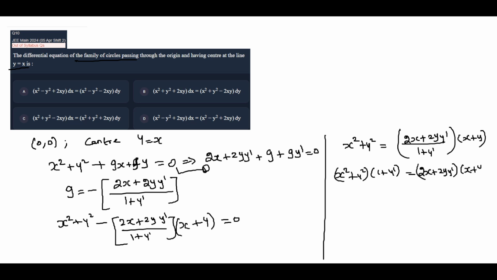If you multiply it, x square plus x square y dash plus y square into y dash equals 2x square plus 2xy plus 2xy y dash plus 2y square y dash.